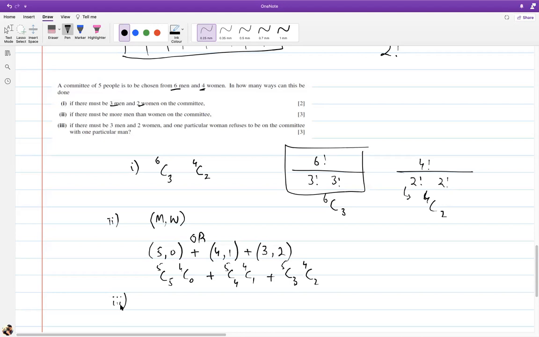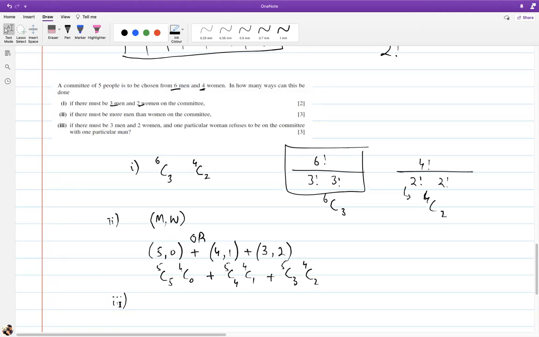Okay, if there must be 3 men and 2 women, and one particular woman refuses to be on the committee with one particular man, now what is the situation here? There's one particular man and one woman who do not want to be on the same team. One way to think of that is that instead of counting the ways of not picking them, you can simply think of the ways of actually picking them.